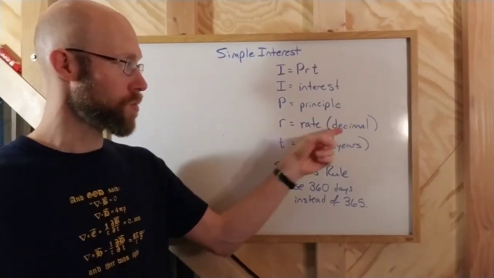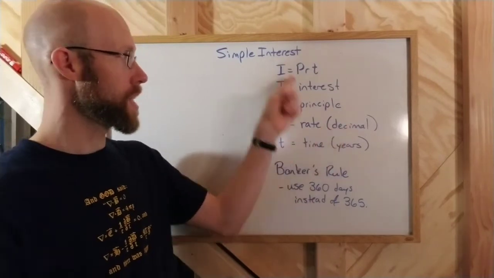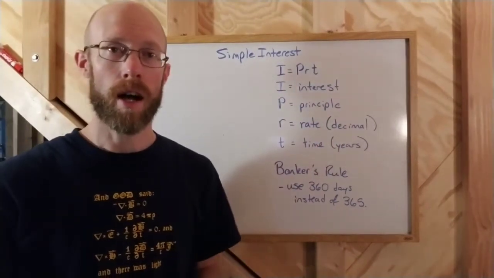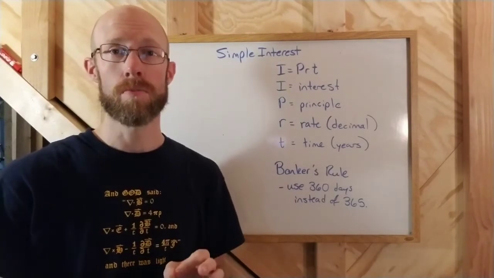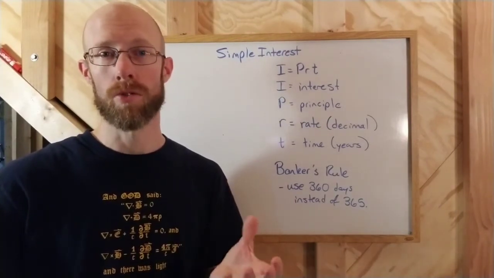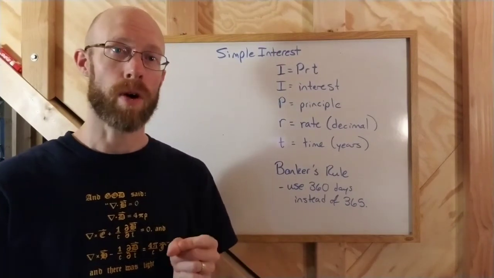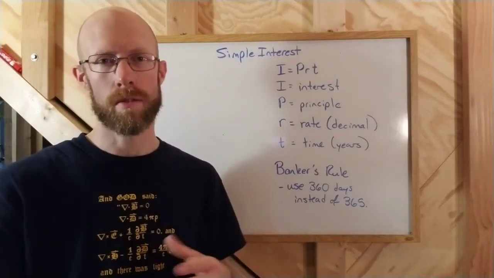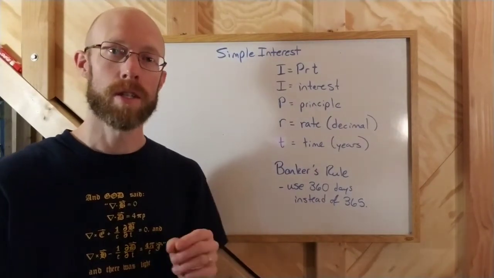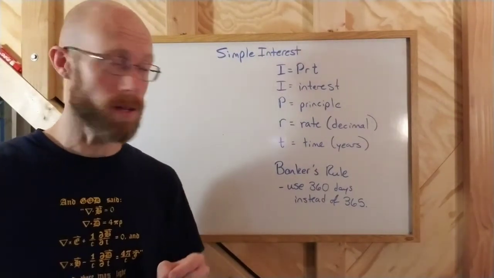The rate is always used as a decimal in the calculation, and usually we talk about annual rates. And just assume it's going to be an annual rate or a yearly rate unless otherwise stated. Okay, so if it specifically says this is a monthly rate, then use months instead, but typically it's going to be an annual rate.